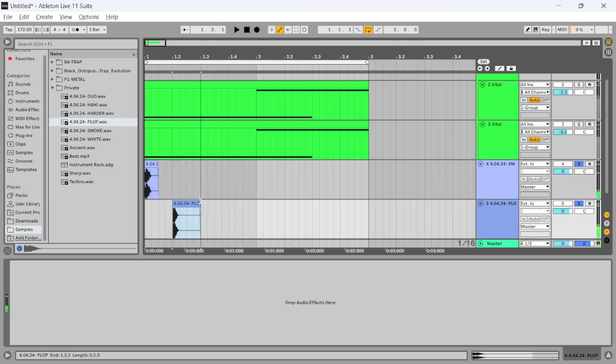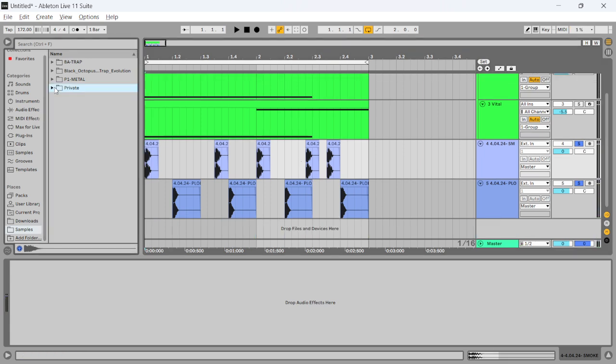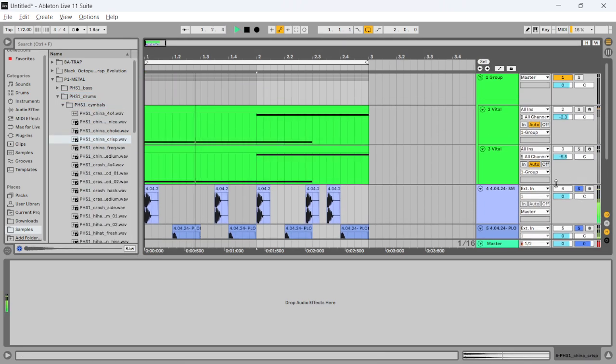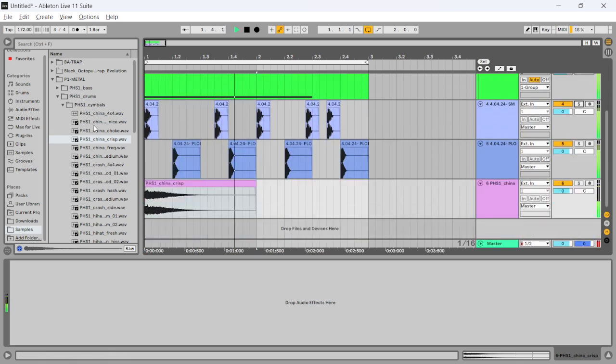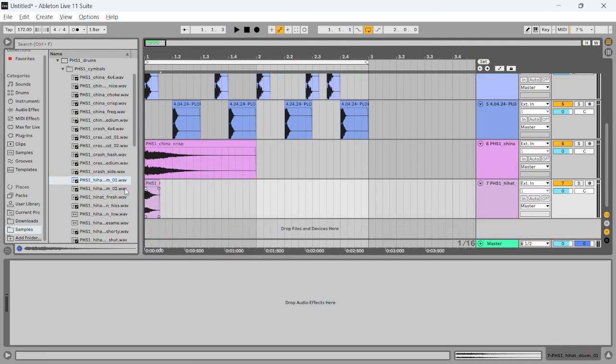Right. So this, I'll put this on. And we can just do this. Yeah, nice. So we're just going to design a very simple drum beat.